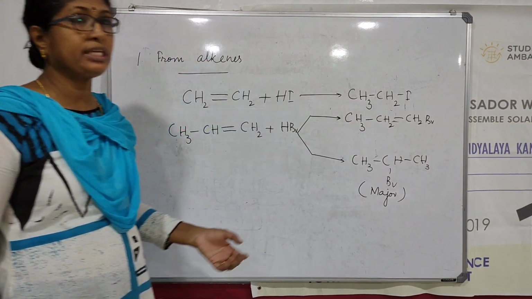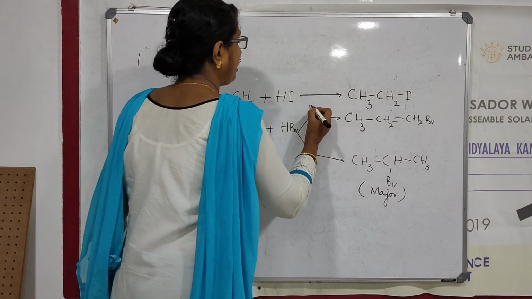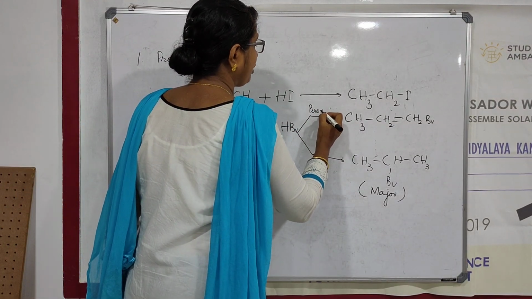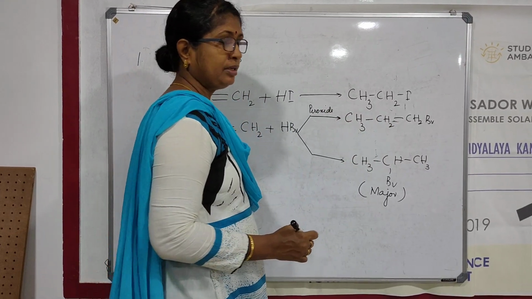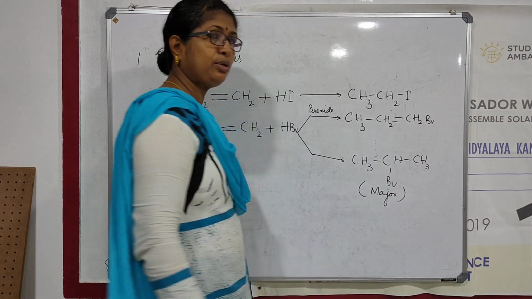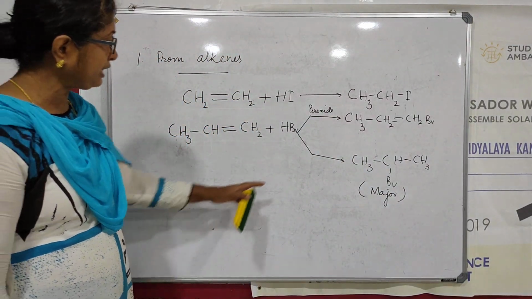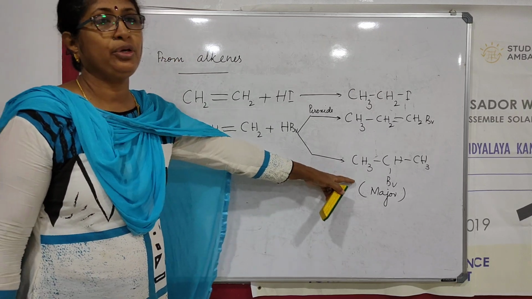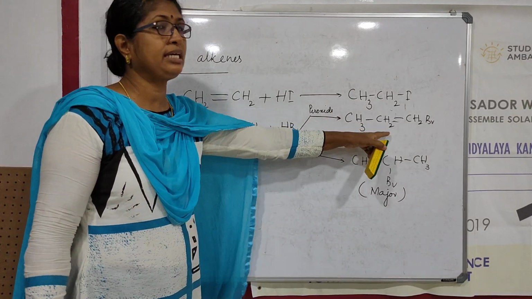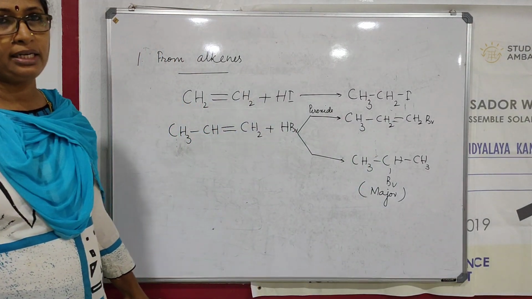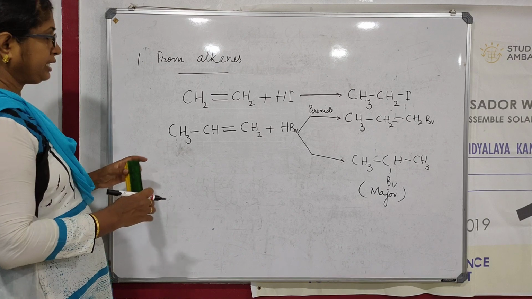If you are using peroxide as a catalyst, this will be the major product. The Br will get added to the other carbon, that is anti-Markovnikov's rule. So in the absence of peroxide, you will get this as the major product, and in the presence of peroxide, this is the major product. This is Markovnikov's rule that we studied last year.